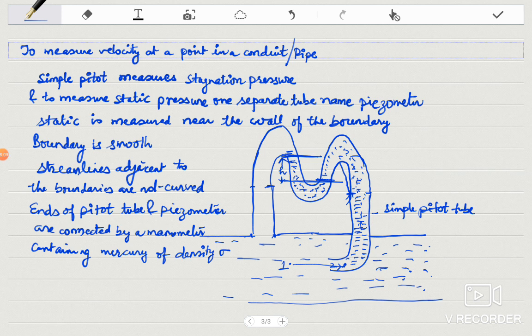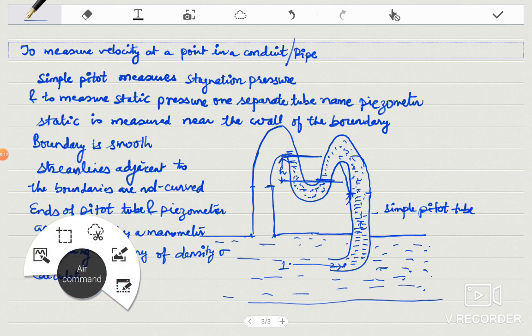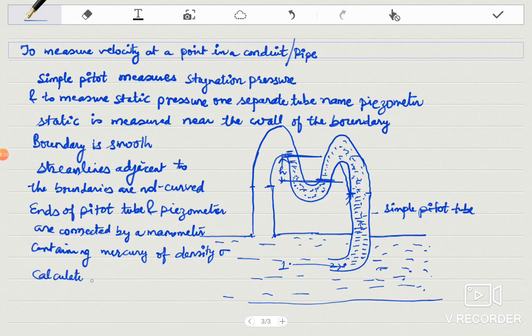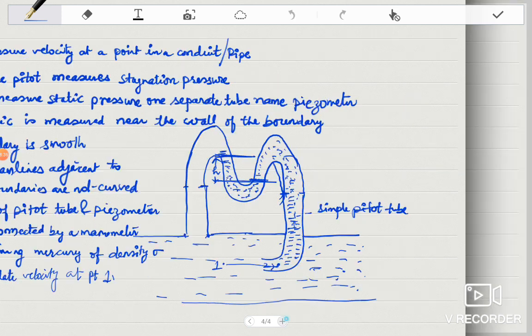Now we will use Bernoulli's equation to calculate the flow velocity at point 1, like in the previous article.